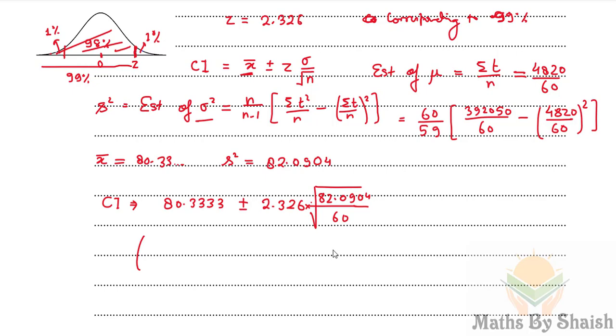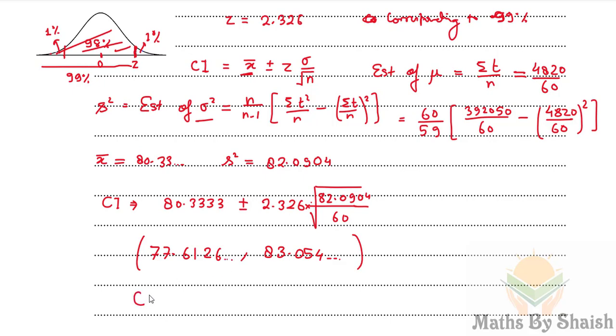So the lower bound by subtracting and the upper bound by adding, so it is going to be 77.6126 and so on. And if we add, that is going to give us the upper bound, 83.054 and so on here as well.